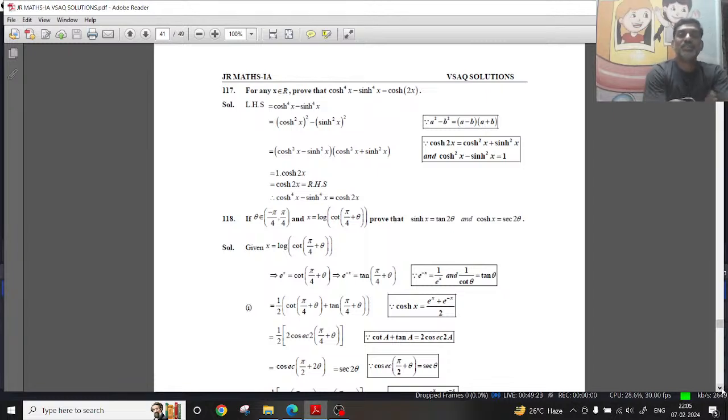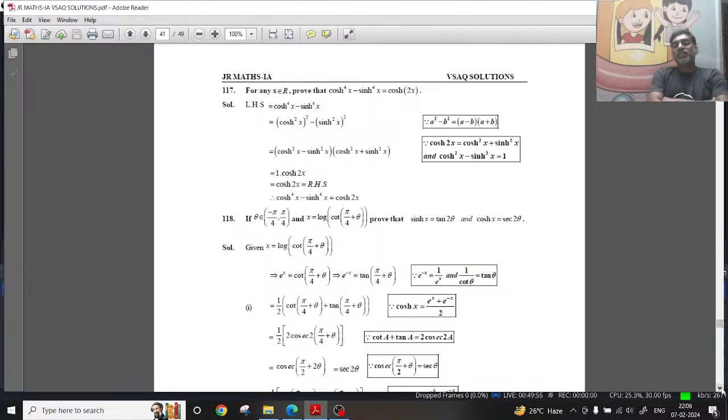Look at this question. Cos h power 4x minus sin h power 4x is equals to cos h 2x. It is looking like we can express that cos h power 4x minus sin h power 4x as cos h square x whole square minus sin h square x whole square. It is looking like a square minus b square. So a square minus b square is equals to a minus b times a plus b.